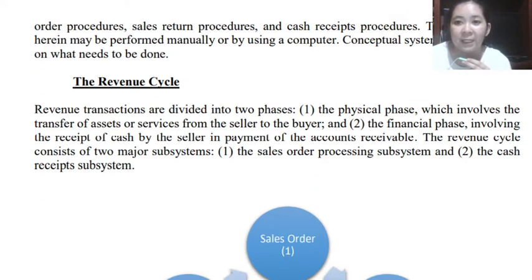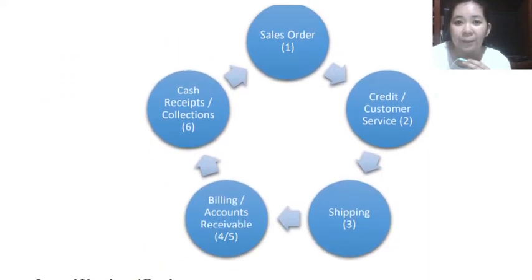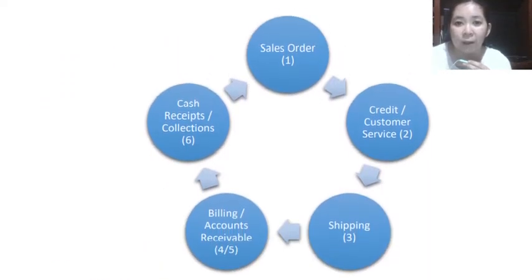Basically, this is what your revenue cycle will look like in an illustration. Of course, it will begin with the sales order coming from the customer, and then if the buyer qualifies for credit, they will be allowed to avail of it, plus customer service in case they might need additional assistance.